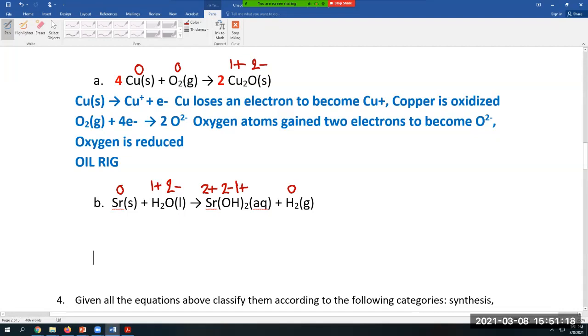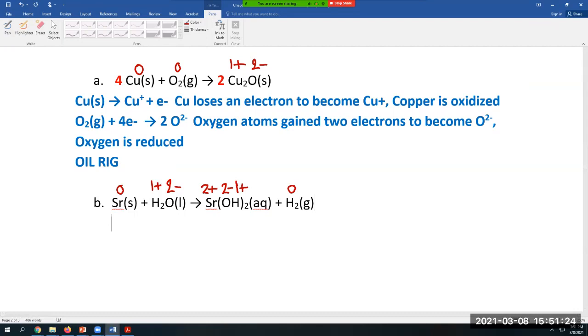So we treat them 1 atom at a time. So that means what we have is that the strontium started as the solid, the elemental strontium with oxidation state 0. And then we have the arrow, and it becomes the strontium 2+, right? On the right side is the strontium 2+.